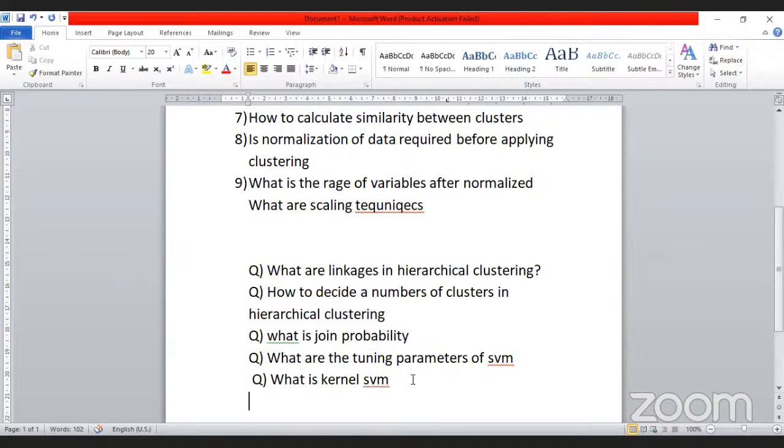Now, the question is, what is regularization in SVM?